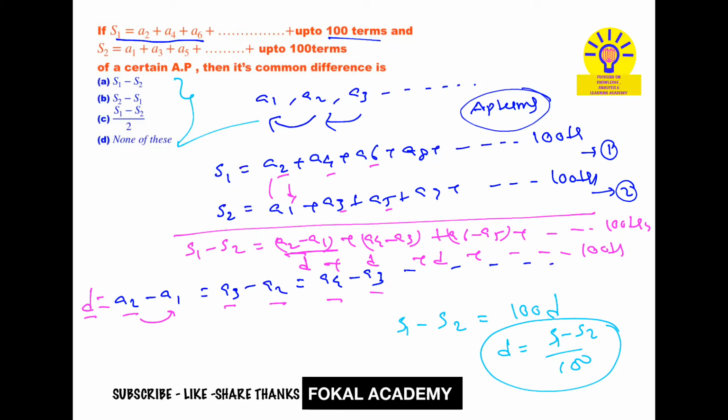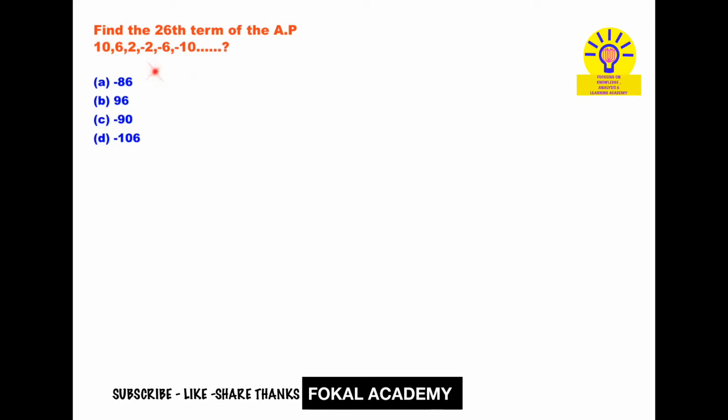Come to the next problem. Here, in this problem, find the 26th term of the AP series. One AP series is given, then find the 26th term. How can we find the 26th term? We know the standard formula for finding the nth term, that is Tn is equal to A plus n minus 1 into D. From the series, the A value, the first term, is 10, and D is the common difference, so 6 minus 10 is minus 4.